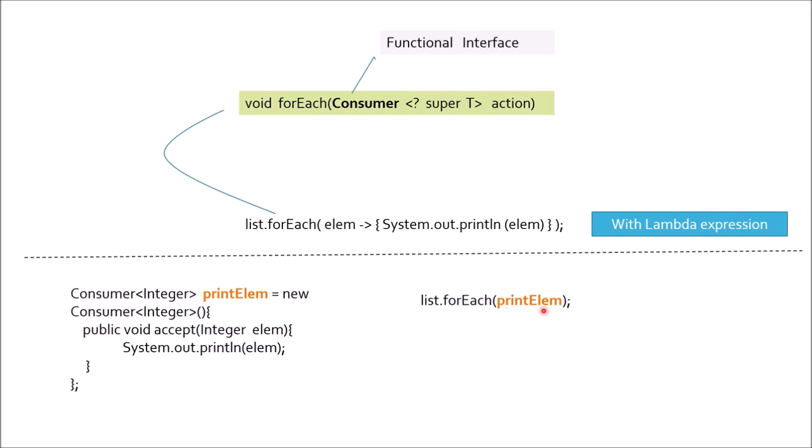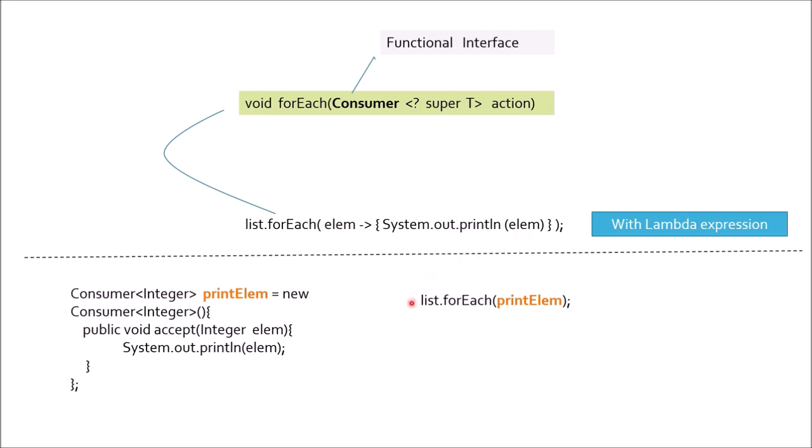Simply, you can see here there is a lot of difference in terms of readability between using a lambda expression and using an anonymous implementation of the functional interface. This was also one of the reasons for introducing lambda expressions, because this implementation looks quite ugly, and this implementation is much more clear and concise and depicts what the business logic is.